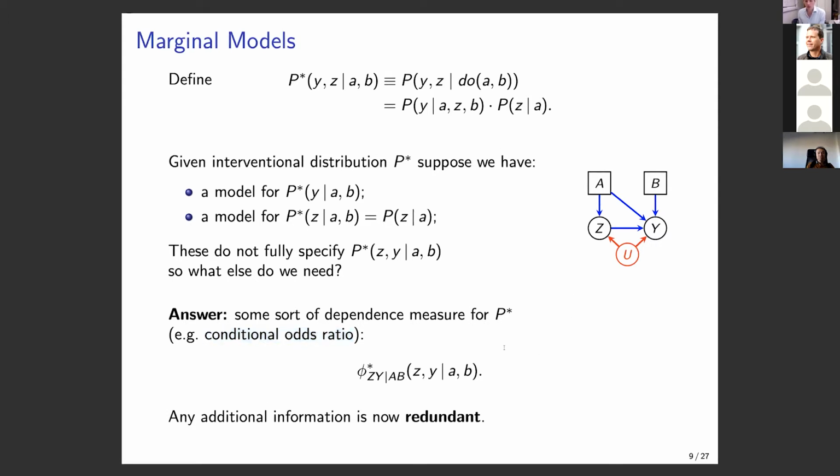And that is precisely what you need to complete a distribution given the two margins, if you have the margins of Z and Y separately given A and B. And we'll see there are other examples you can use in the continuous case. Once I've got these three things, these two margins and this, then any other information about P star is now redundant because I know everything about it already.